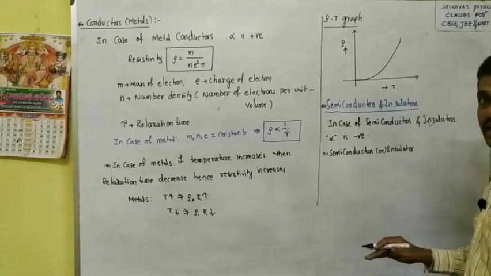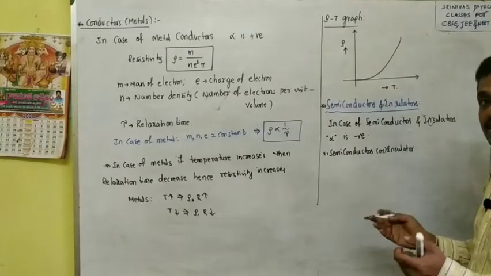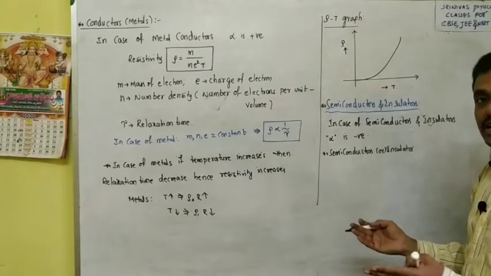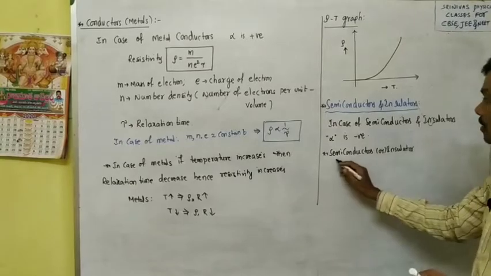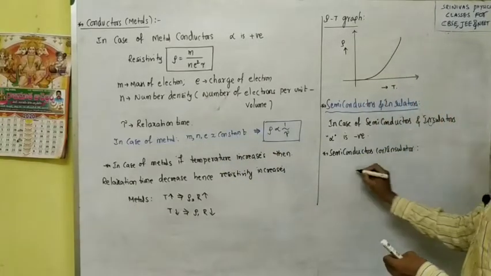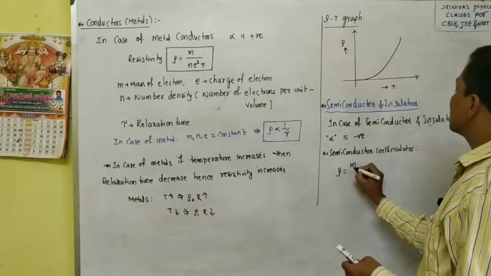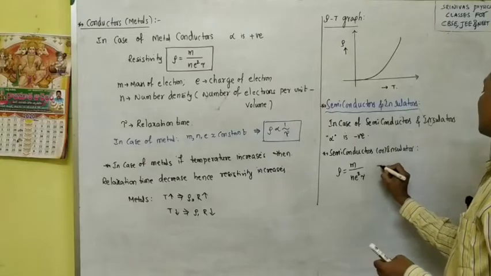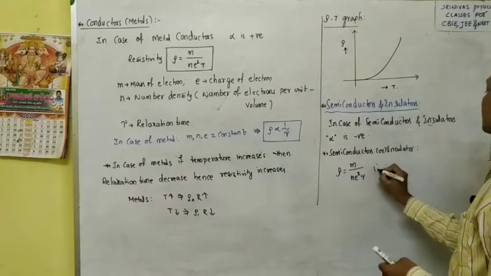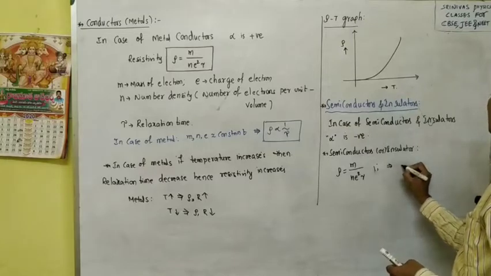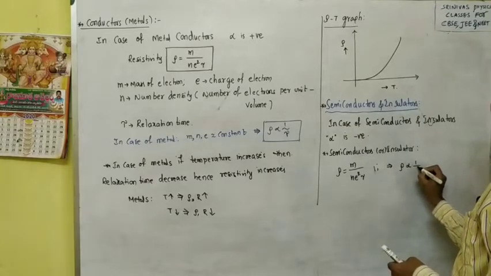In case of semiconductors, if the temperature increases, the covalent bonds break, and due to that some free electrons are generated. Then the number density increases. Here we have the formula for the resistivity, m by n e square tau. Almost all are constant, and here we take the resistivity inversely proportional to the number density.